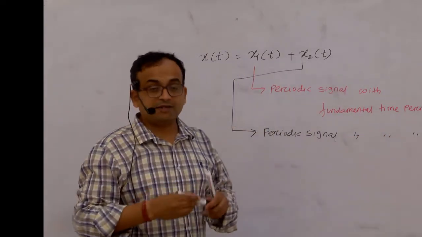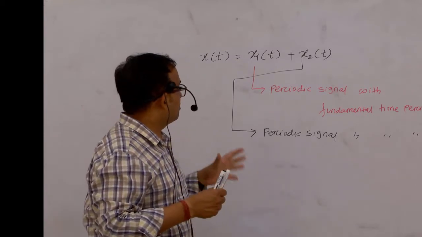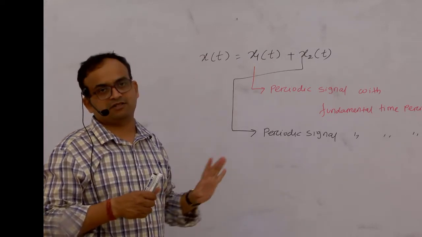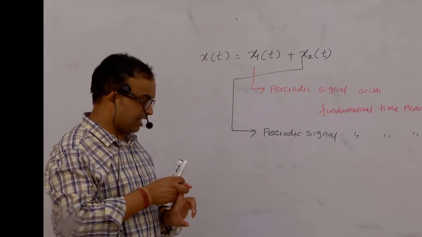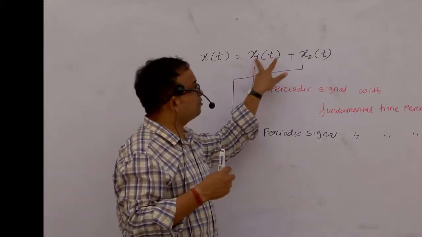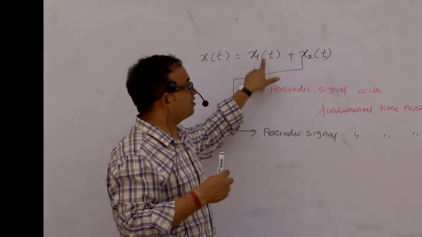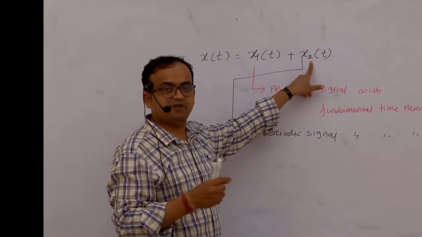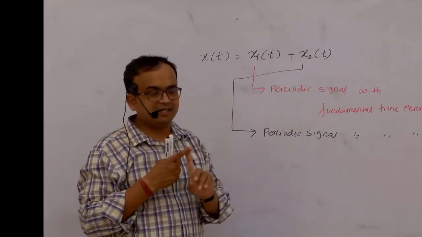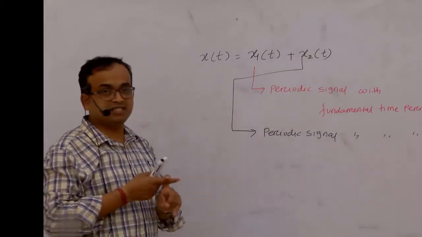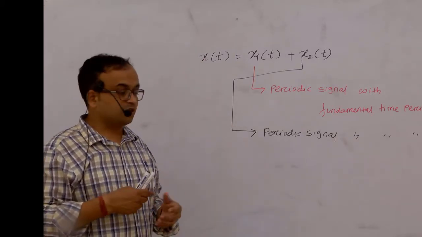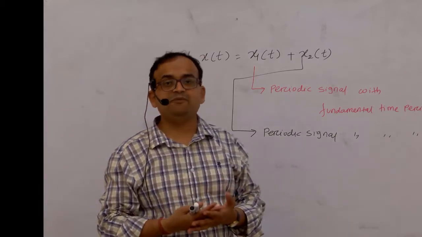So now our aim is to find whether x of t is periodic or not. Our motto here is the addition of two periodic signals.